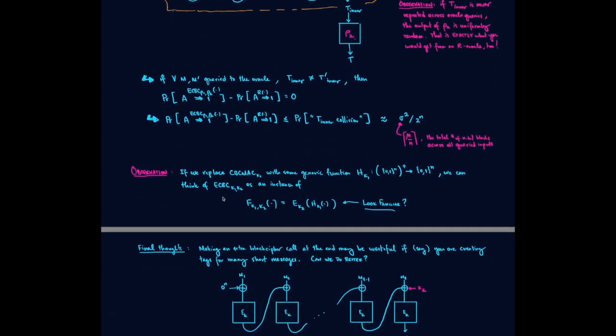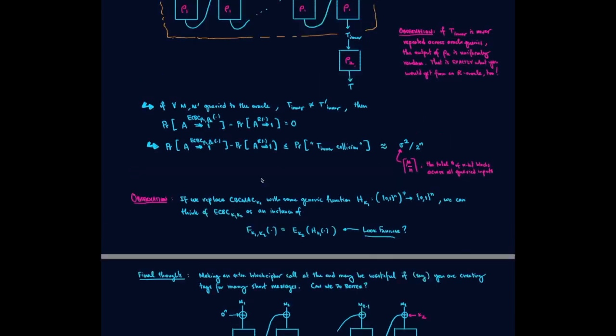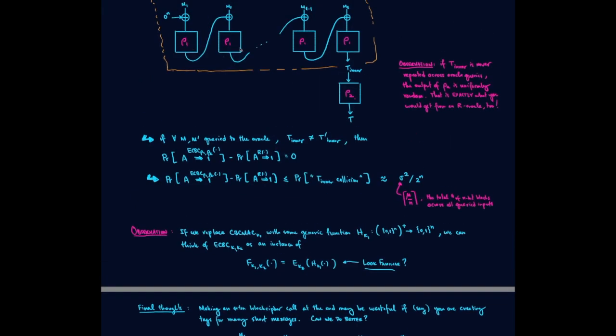And as I was saying, if you were just to replace, kind of in your head, CBC-MAC K1, in this orange box, with just some generic keyed function H with the same domain and range, so I'm replacing the particular internals here. Imagine erasing those. I've just got this orange box, and I call it H sub K1.